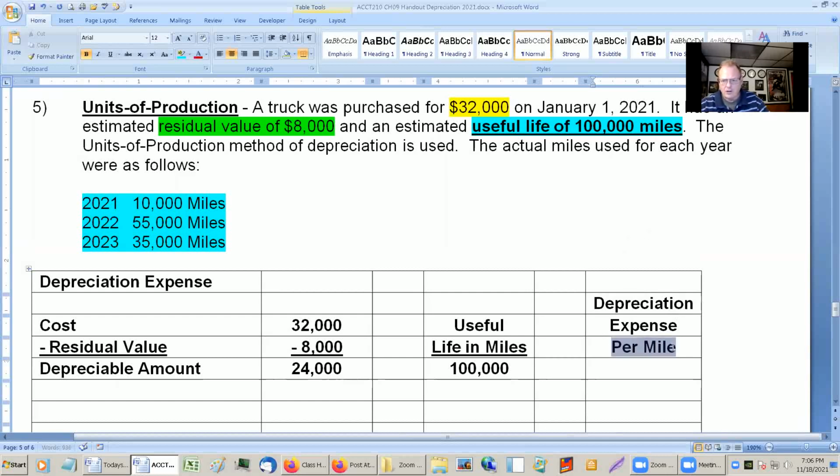If you think you have the answer, either yell it out or put it in chat. Are we dividing? Yes, 24,000 by 100,000, right?